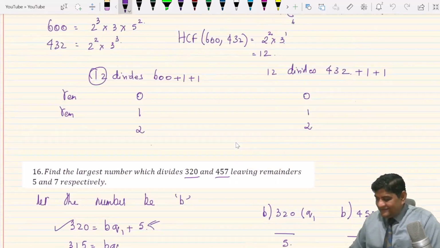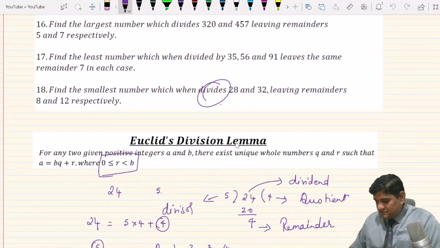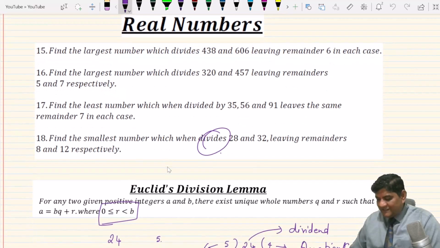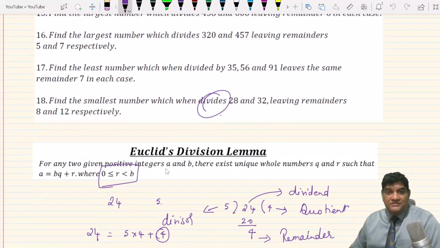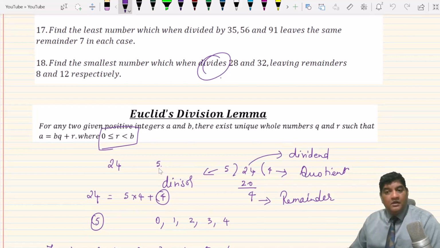So, in this video, we have looked at 4 questions from the chapter Real Numbers, exercise 1B of RS Agarwal. We've used Euclid's division lemma to understand these questions and to solve them. Euclid's division lemma simply talks about a equals bq plus r, where the remainder r is greater than or equal to 0 and less than the divisor b.